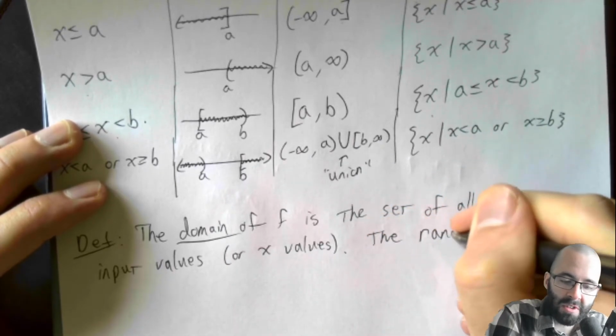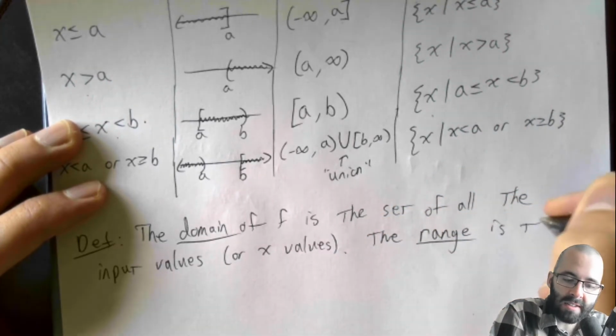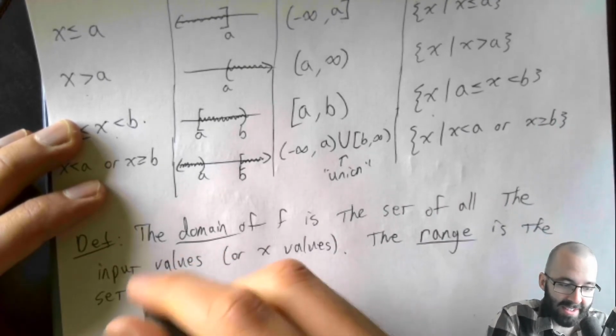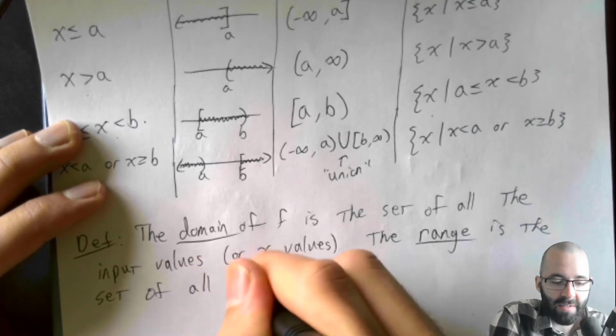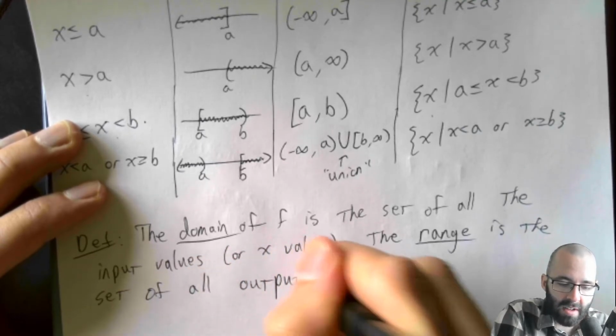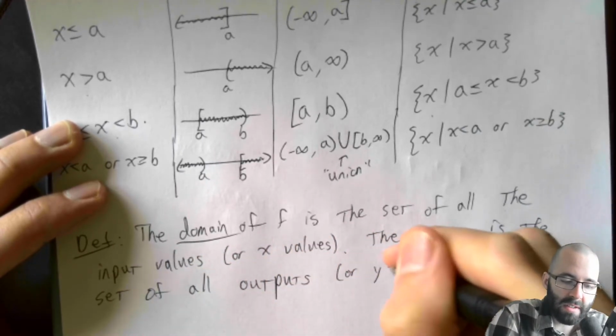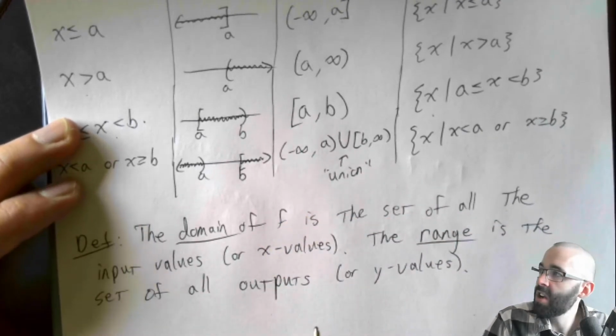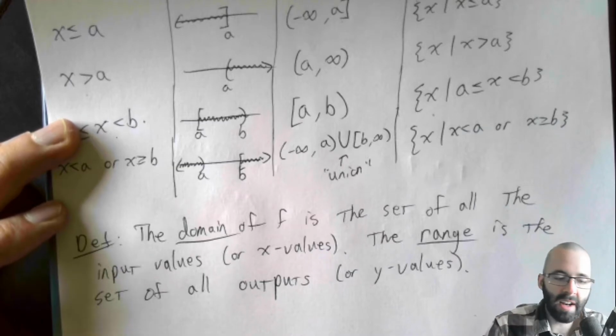And the range is the set, you won't be surprised where I'm going with this, of all output values or y values. Okay? Domain and range are just sets of inputs and outputs.